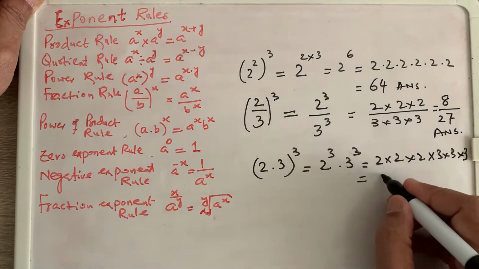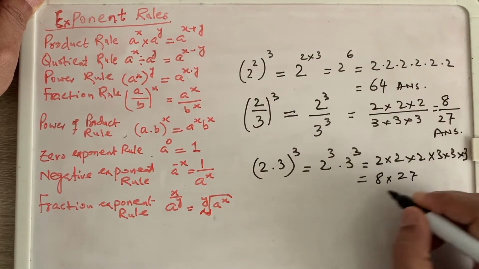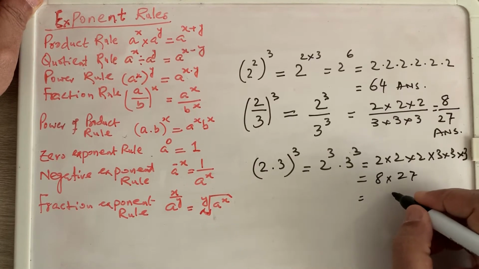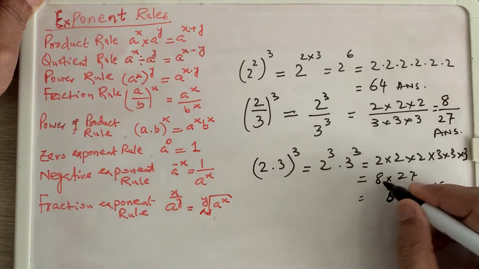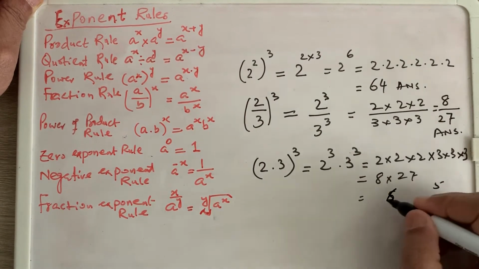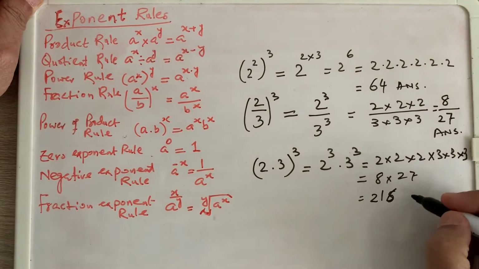So you have to multiply 8 times 27. 8 times 7 is 56, carry 5. 8 times 2 is 16 plus 5 is 21. So you got 216 as your answer.